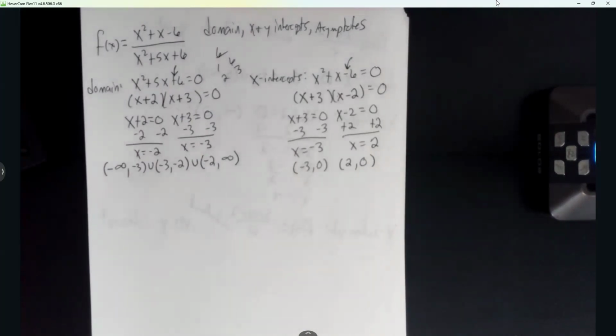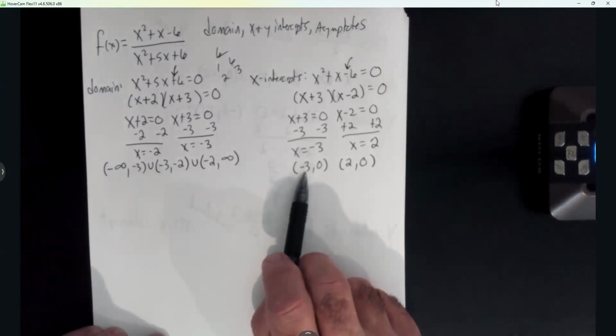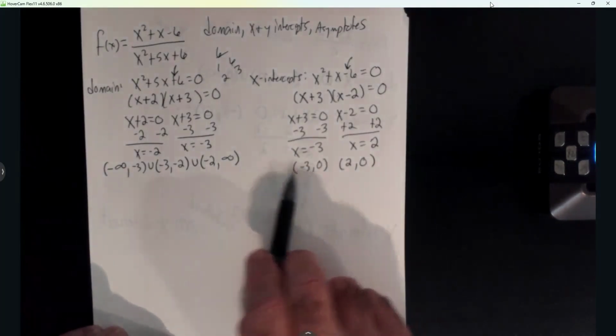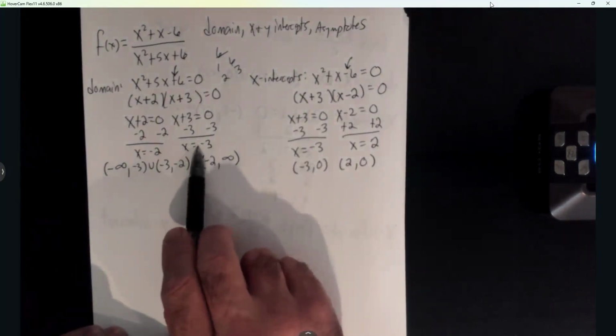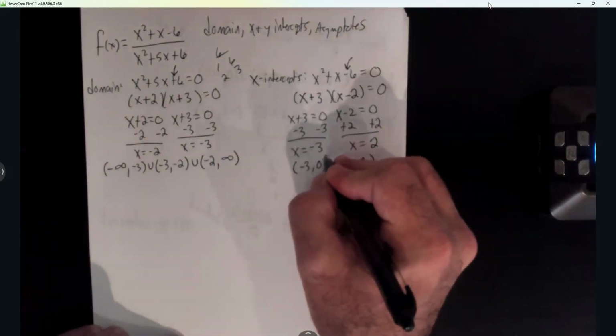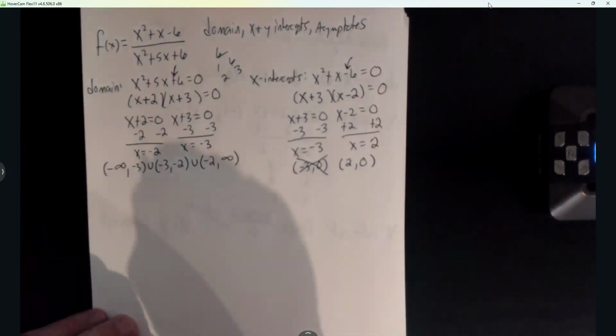But here's where the fun starts happening. Remember, I can't have an x-intercept at negative 3 because my graph is undefined at negative 3, right? So since my graph is undefined at negative 3, it's going to cancel out that x-intercept and put a hole in the graph.